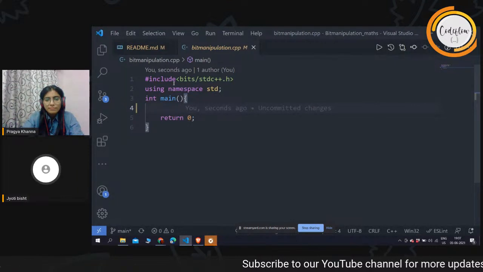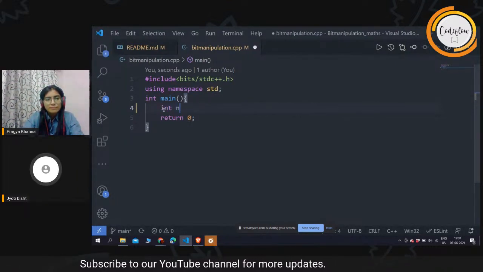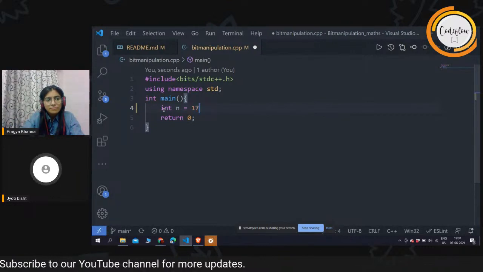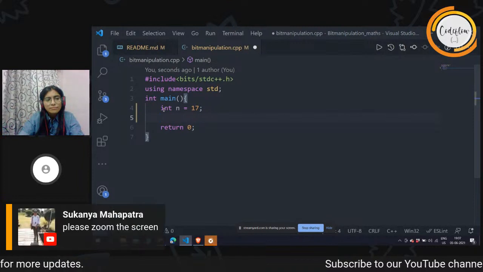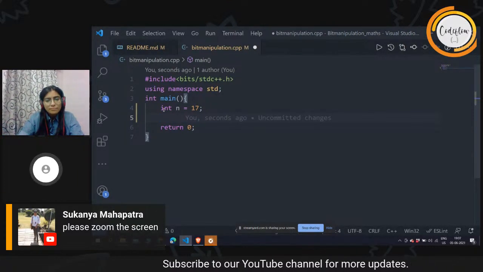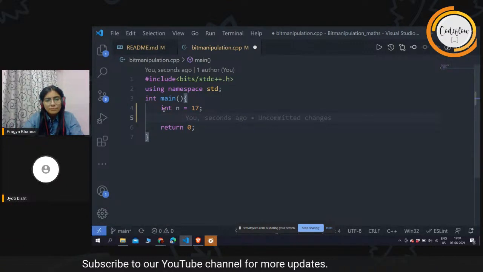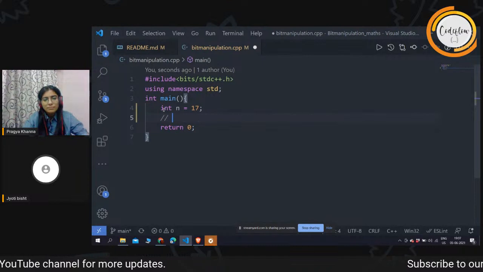How we convert a number to binary is really simple. For example, if you have a number, int n equal to 17. The primary language I'll be choosing today is C++, but if you are interested in any other language, let me know. So this is a number and I have to convert it into binary.